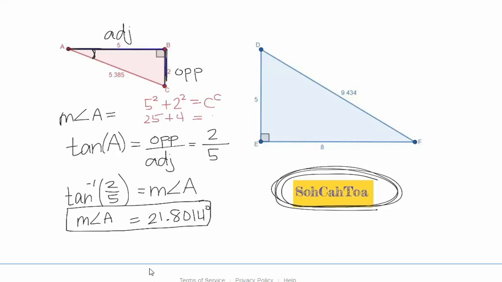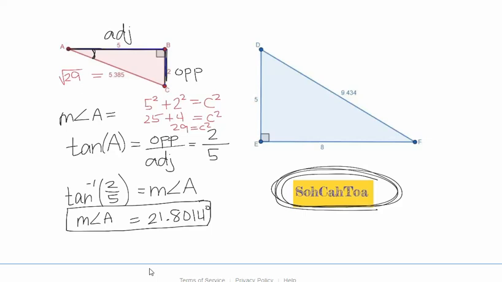This is using the Pythagorean theorem here: a squared plus b squared equals c squared. So we have 29 is equal to c squared. That means this 5.385 is actually just a rounded version of the square root of 29. So that means I could have used sine inverse or even cosine inverse.